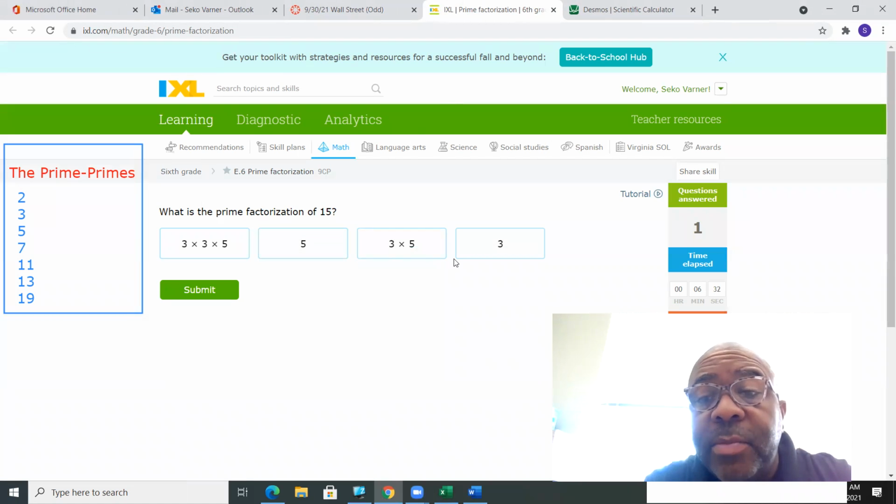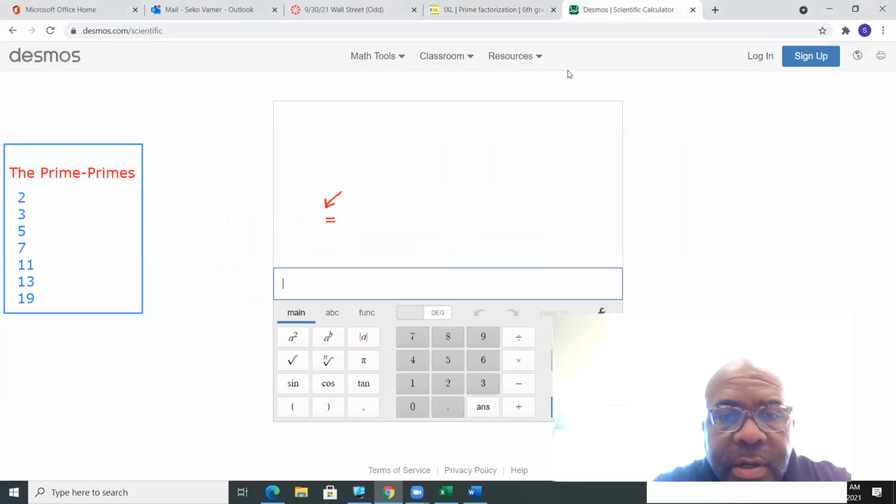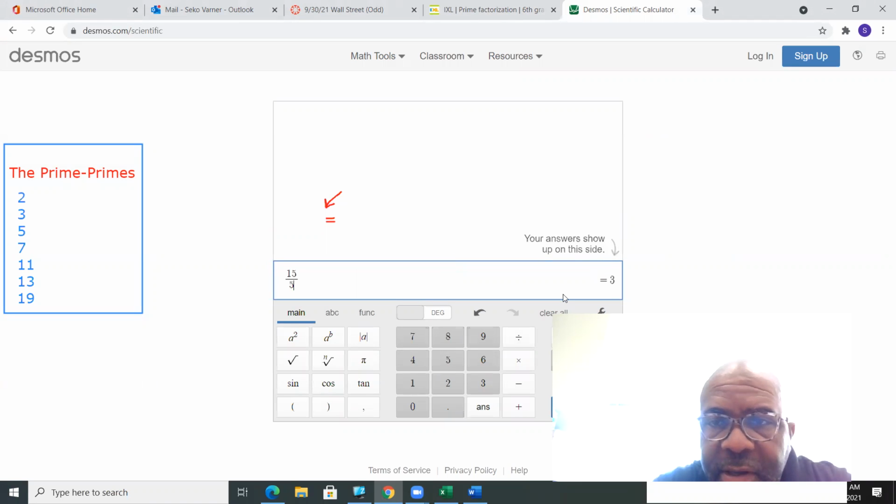So here's some of the hidden sauce. The last number in 15 is a 5, so that means we can divide by 5. We can go to decimals and do 15 divided by 5, and the answer is 3.